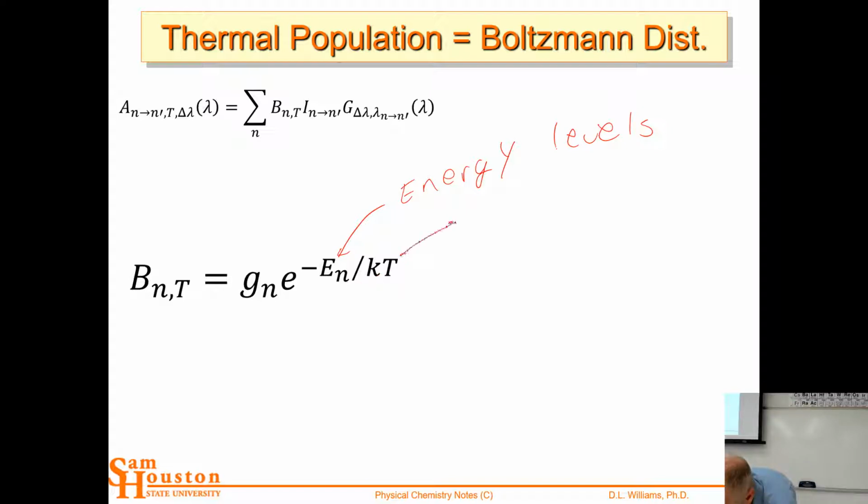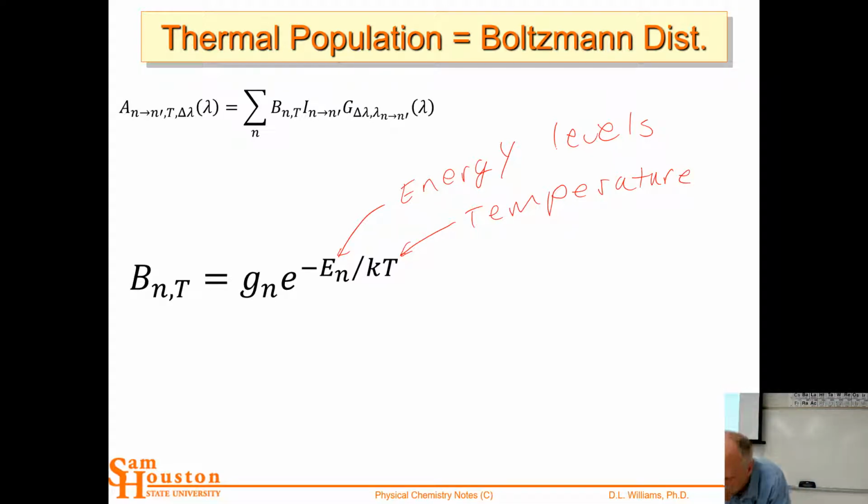And it has temperature. So that's pretty cool. We have the energy of the system, like a hydrogen atom, or in our case, an electron on a wire. And then it's temperature dependent. So this will give us a spectrum that's temperature dependent.